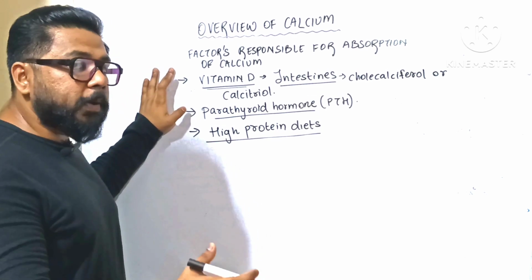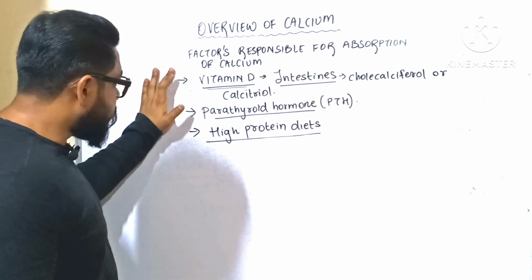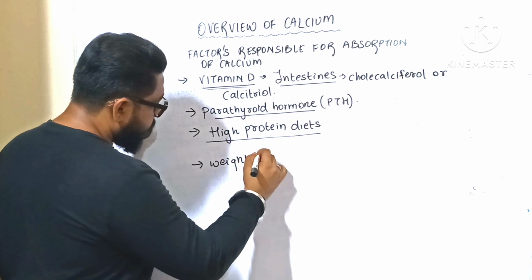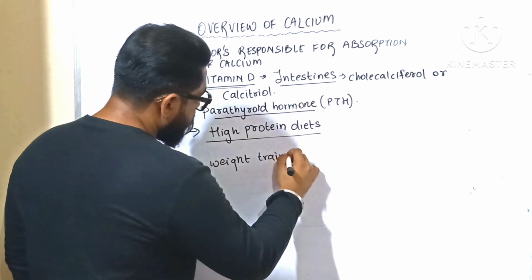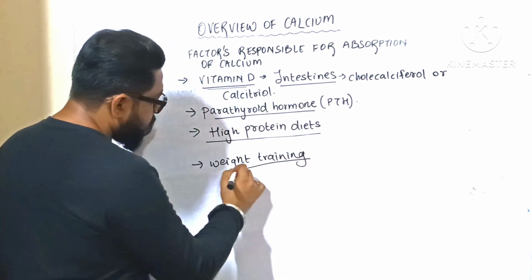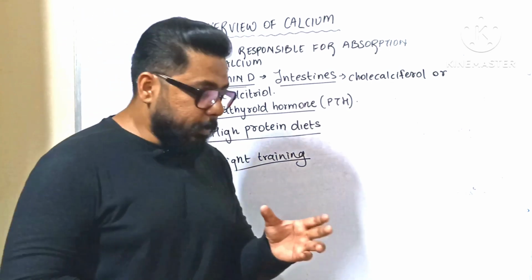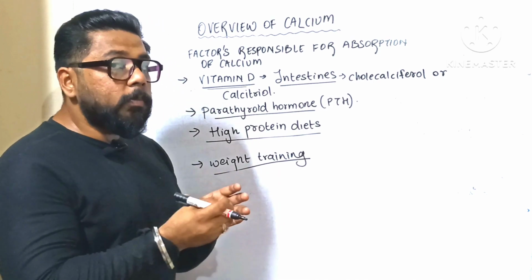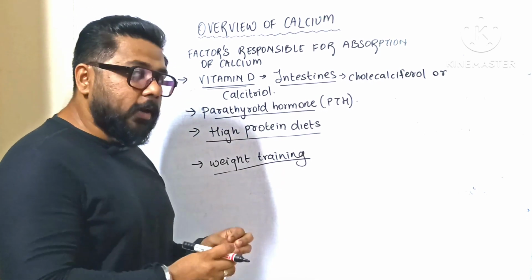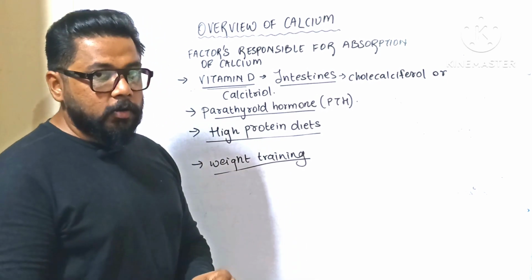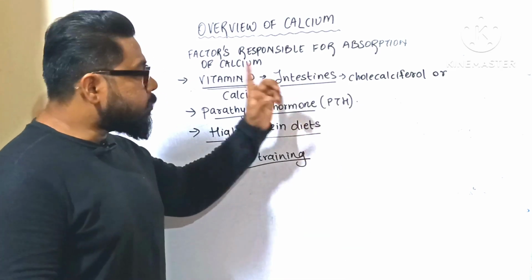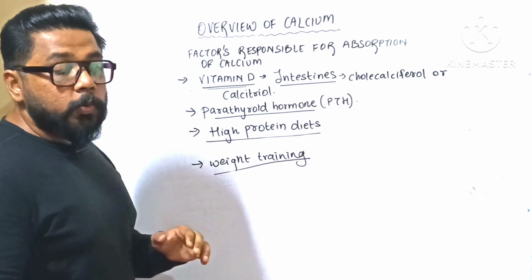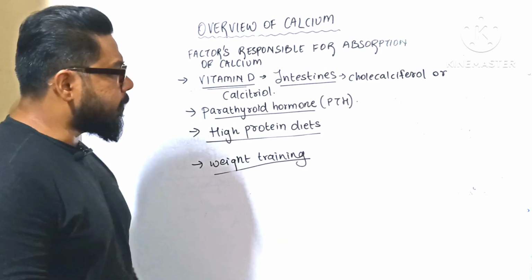Now, from the perspective of exercise, weight training will also help you. In order to improve the bone mineral density, weight training is an important factor to be considered for absorption of the calcium. So these are the four main factors which will improve the absorption of the calcium.